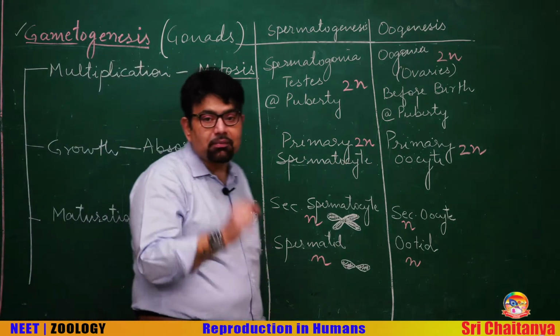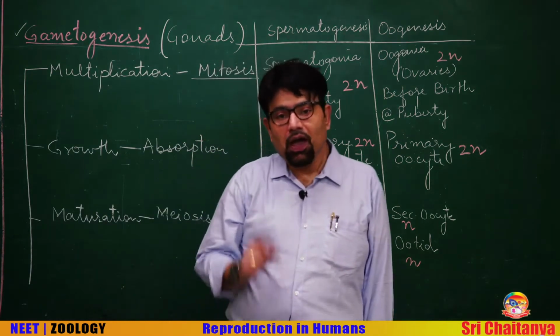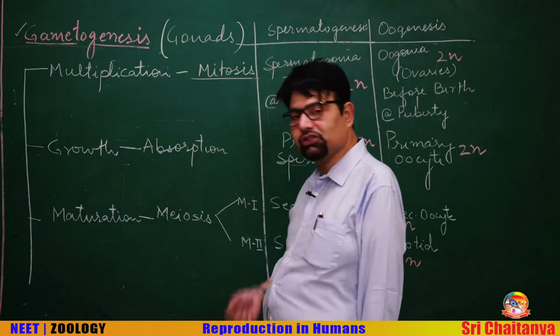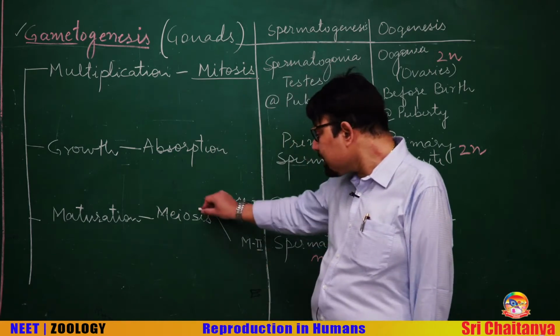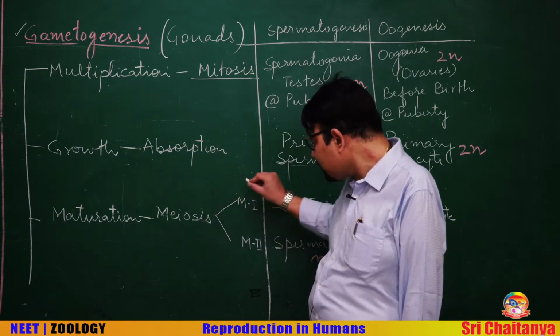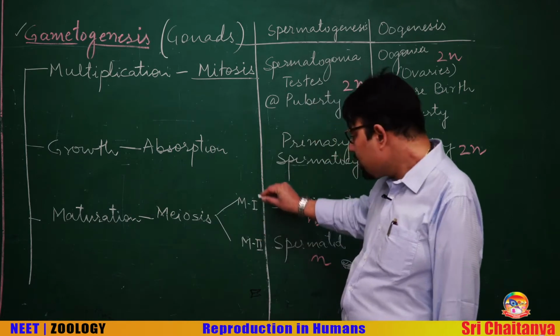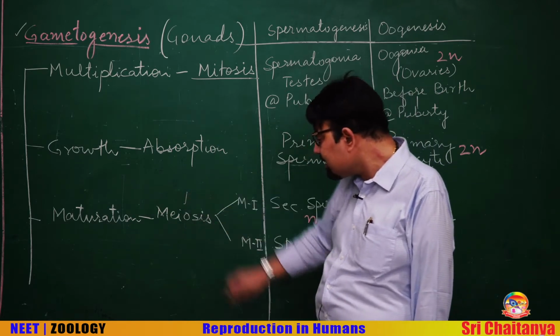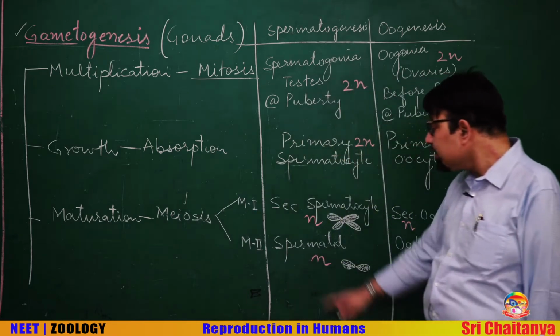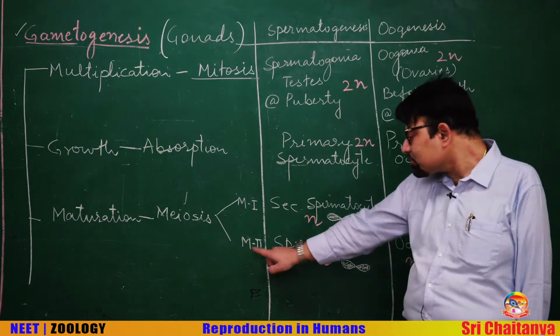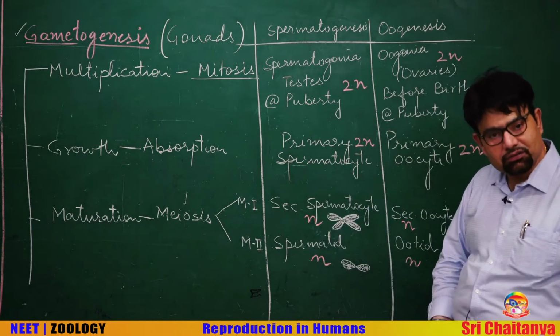Now comes the maturation division, and these cells mature by meiotic division. So you know that meiosis, it comprises of two divisions, meiosis 1 and meiosis 2. Meiosis is the reductional cell division, wherein meiosis 1 is really the reductional division, meiosis 2 is like equational division.